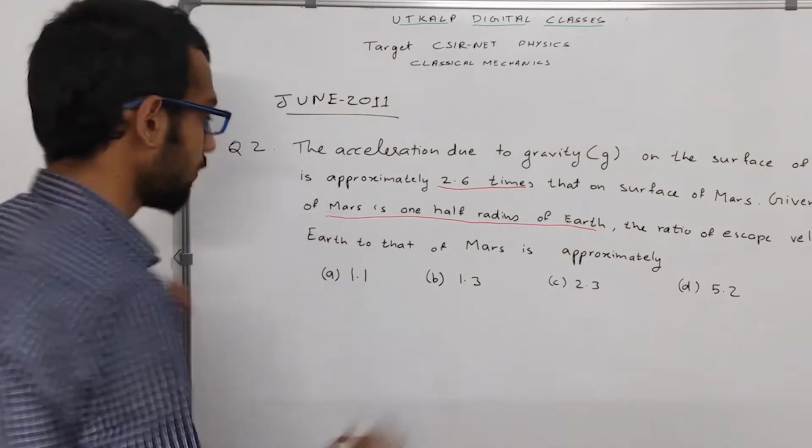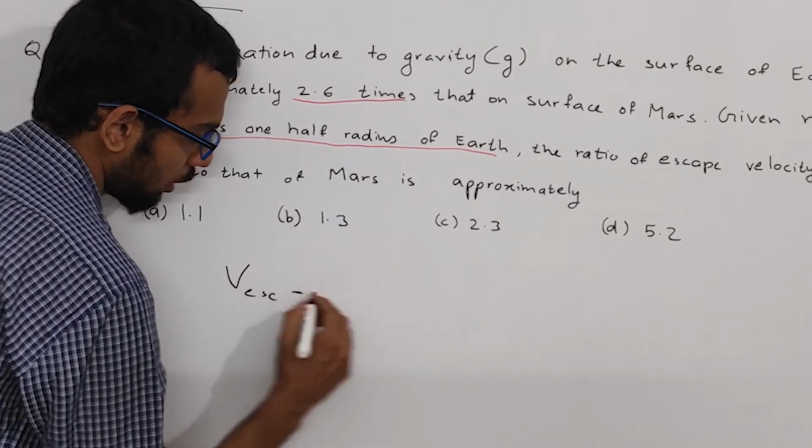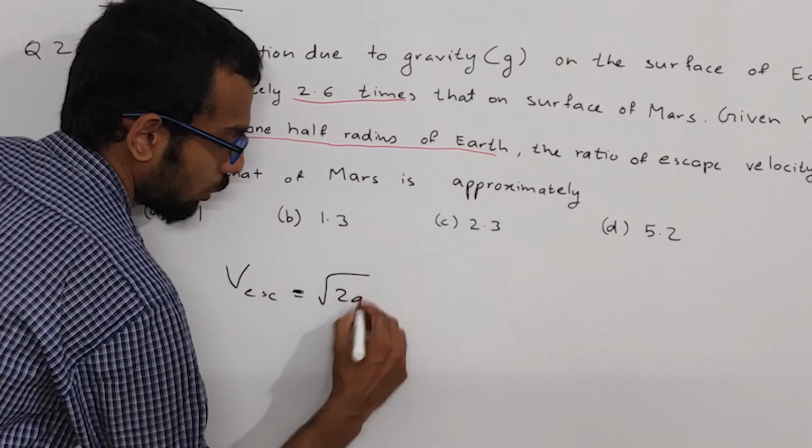We know that V escape equals root of 2gR.